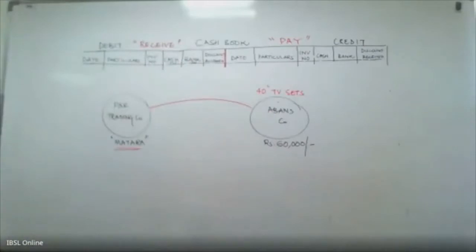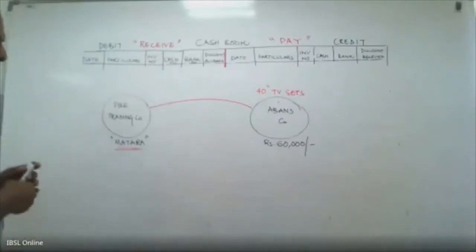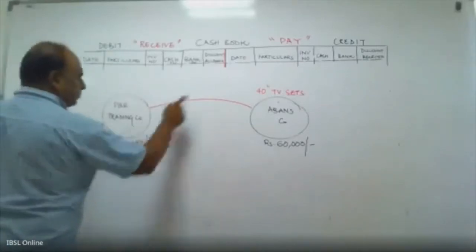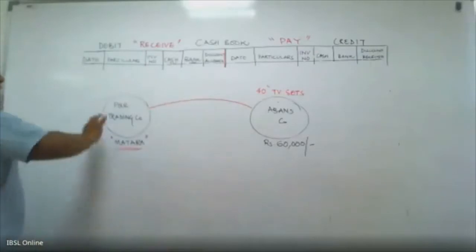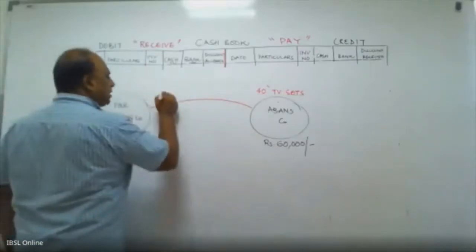Now, PQR trading company is not like that. They are a huge company in Mathura, the biggest seller of TV sets in Mathura. So they go to Aban's and do a bulk purchase.